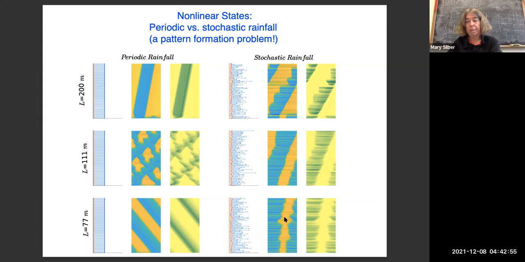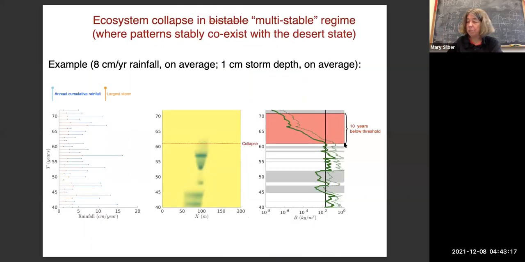However, that's not the case with the stochastic input. So even though this idealized rainfall model is giving us something kind of nonsensical, or, you know, it's doing what it's doing, at any rate, the stochastic version does something that's always reasonable.